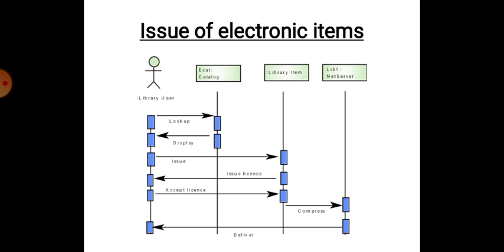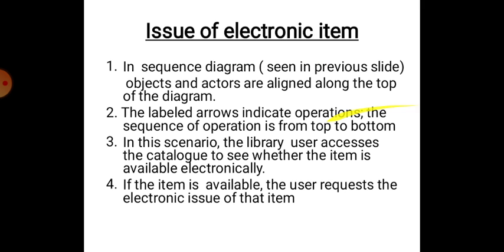The library user looks up the catalog, the catalog is displayed, then the library user wants issue of the item, and then library item gives a license, the user accepts the license, and once the license is accepted, the material is sent for compressing, and then it is delivered. So this is the sequence diagram.